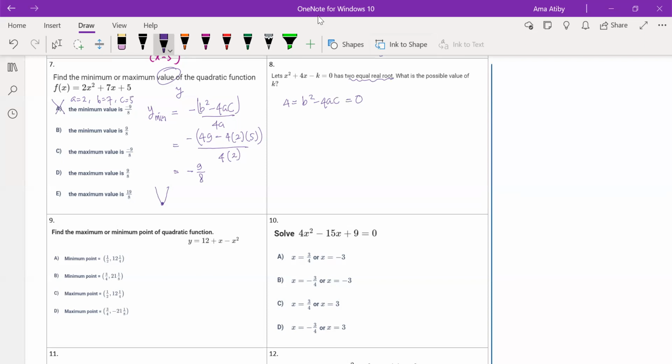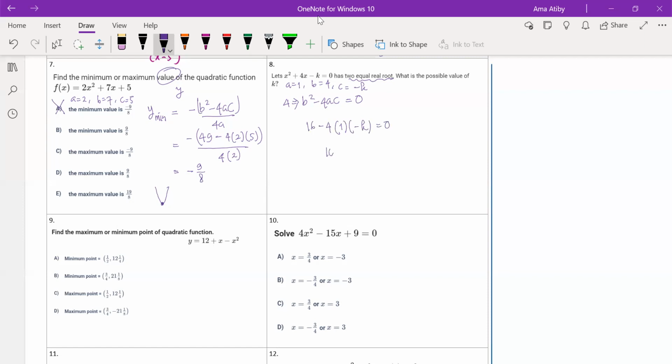So let's identify a is equal to 1, b is equal to 4, and c is equal to negative k, because the constant here is negative k. So we get the square of 4, which is 16, minus 4 times 1 times c, which is negative k, equals 0.